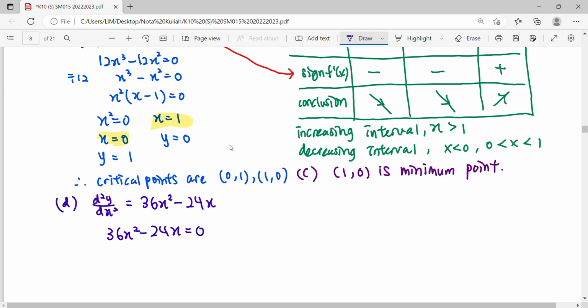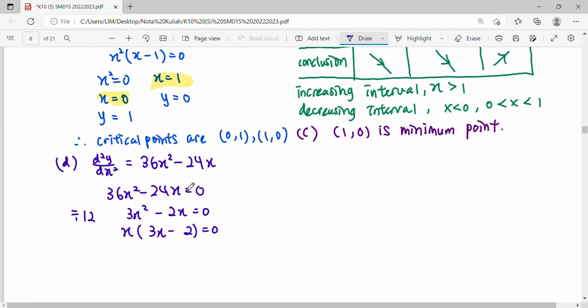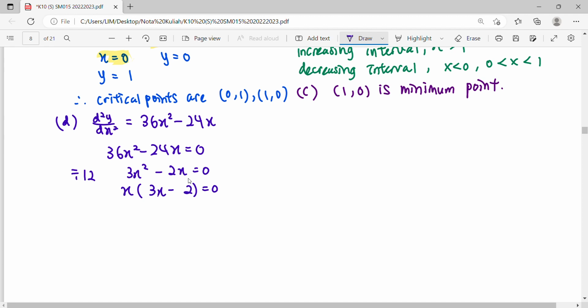And then we can notice that this quadratic can be simplified. We can divide by 12. Then we can factorize the x. So we might have an inflection point here, which is x equals to 0, x equals to 2 over 3.